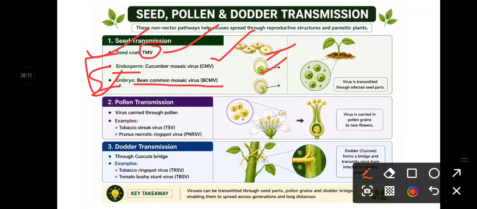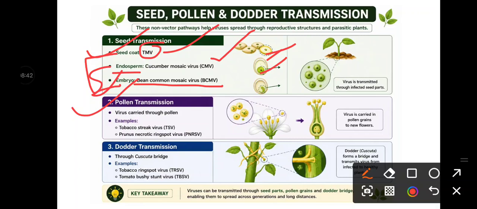Then the next mode of transmission is pollen transmission. These are very specific viruses that are transmitted by pollen. Either through self pollination or cross pollination, the infected pollen will fertilize its own flower or a new flower, and the infected embryo will grow, and the plant that grows from that will be virus infected.